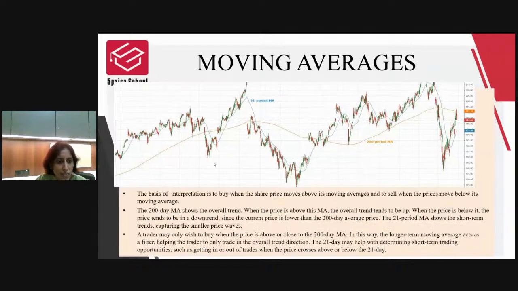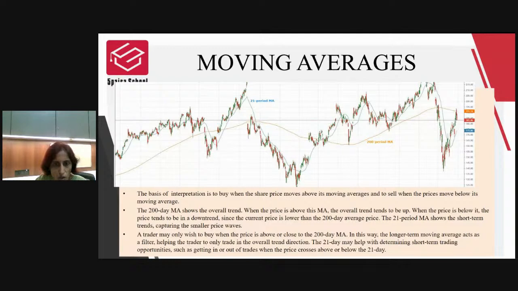Now, another thing you get to see from this chart is that the basis of interpretation can also be used to decide whether to buy or to sell. The basis of interpretation is to buy when the share price moves above its moving averages. Do you see this? Let's take this 200-day moving average.